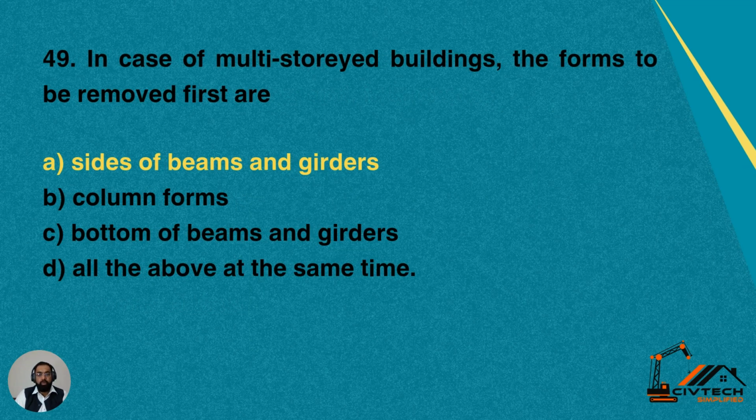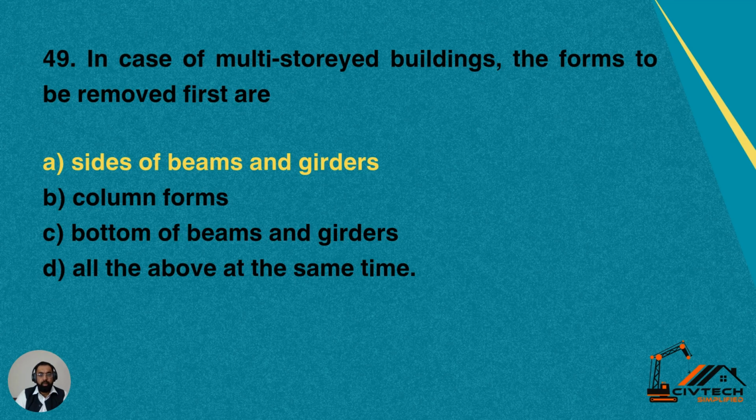Number 49, in case of multi-story building, the forms to be removed first are, this is also a common question, number A, sides of beams and girders. Which formwork should be removed first? Question is, in multi-story building, which formwork should be removed first? Number A, sides of beams and girders.